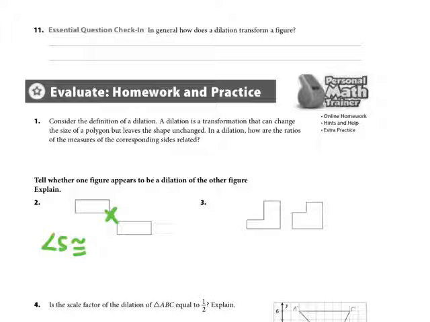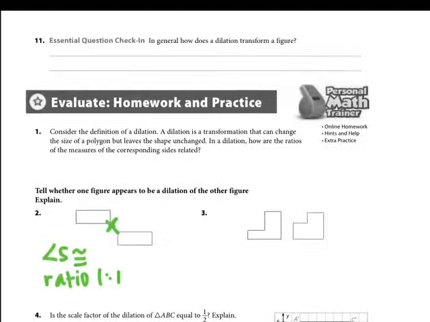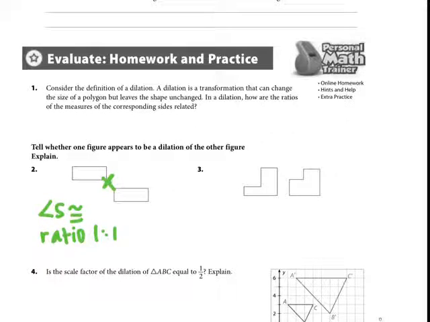It's in between, so there's betweenness. The ratio would be 1 to 1, and the ratios are equal. So this would be a dilation. So yes, dilation. Although it's not an enlargement or a reduction because the shapes seem to have stayed in the same size.